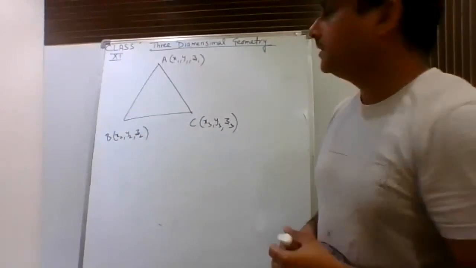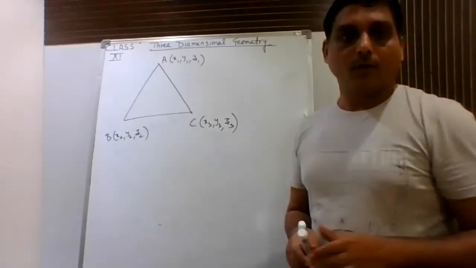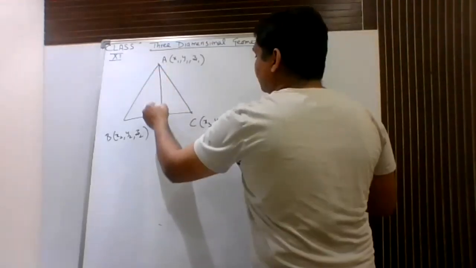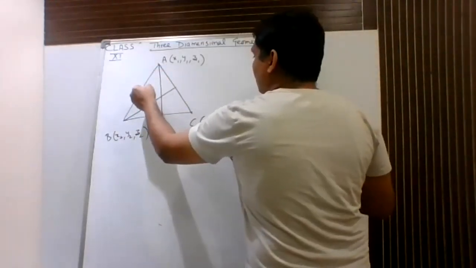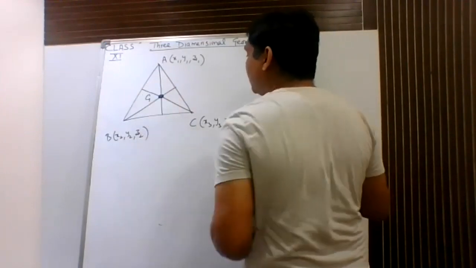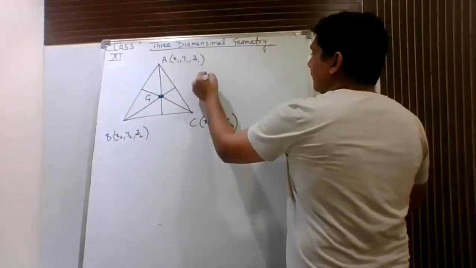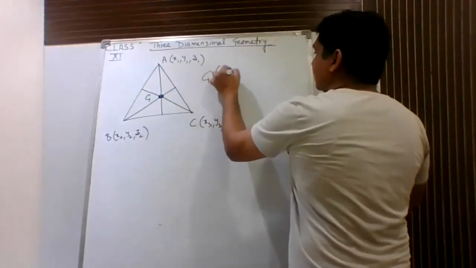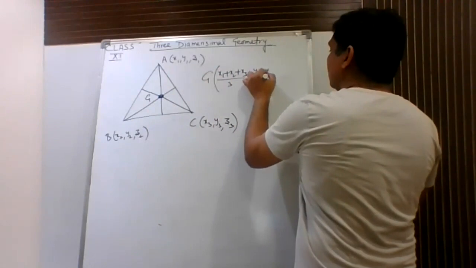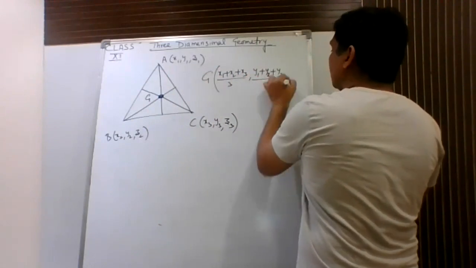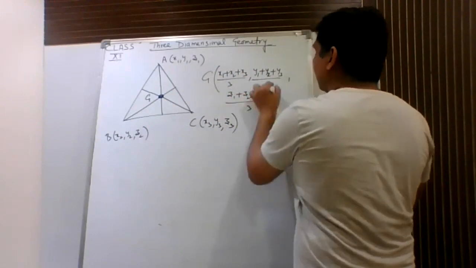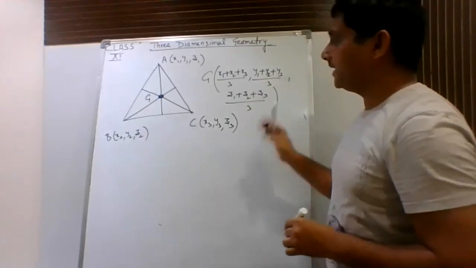As you know, the centroid is the point of intersection of all three medians. If I join the medians, the point of intersection of all the medians, this point G, is known as the centroid. The centroid will be given by x1 plus x2 plus x3 upon 3, y1 plus y2 plus y3 upon 3, z1 plus z2 plus z3 upon 3. So this is how we can write the coordinates of the centroid G.